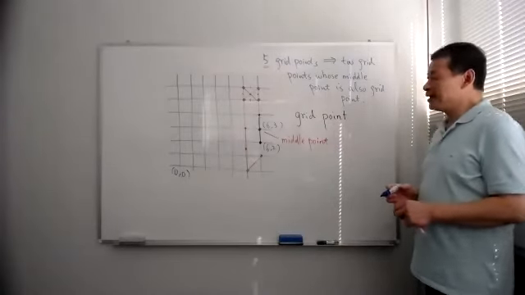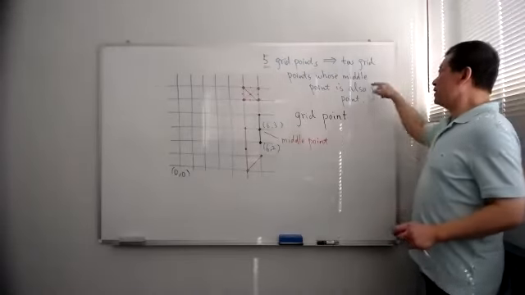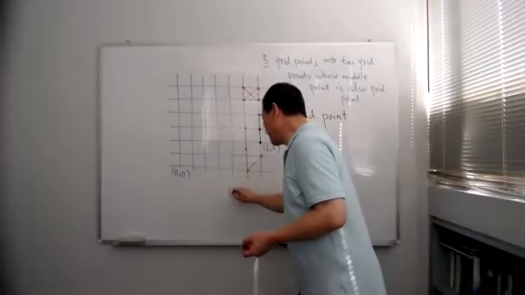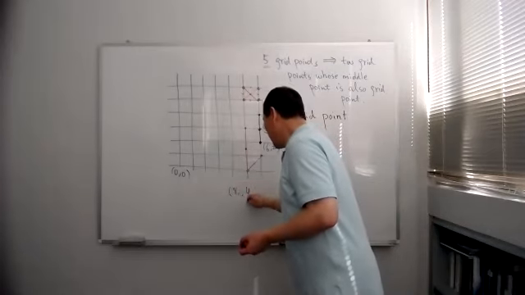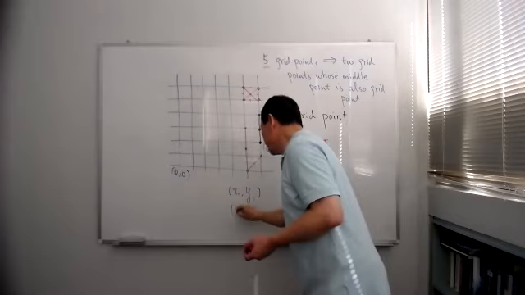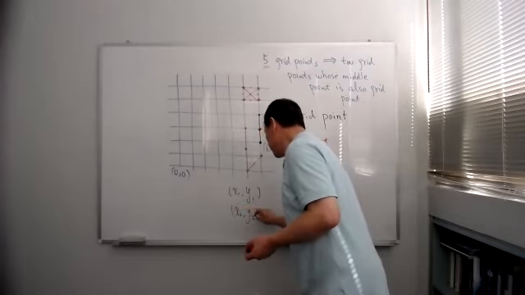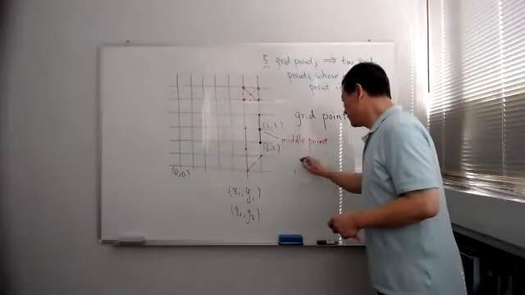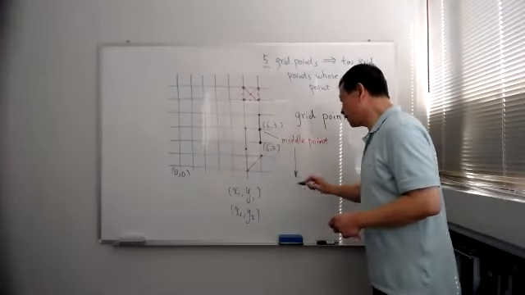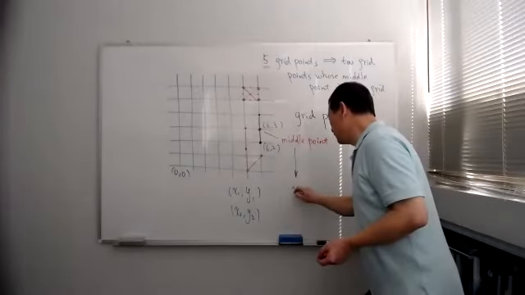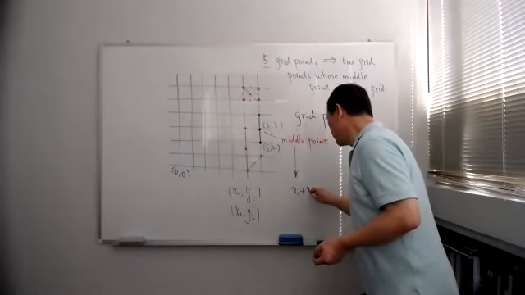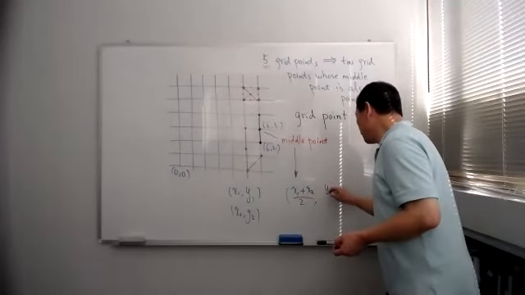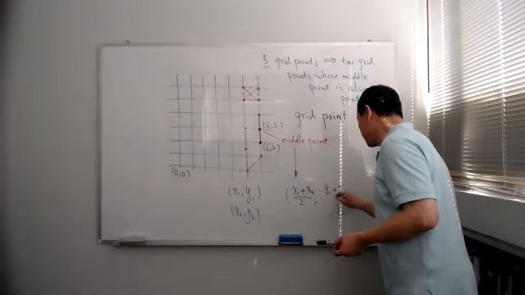Now, under what condition is the middle point also a grid point? Given 2 points with coordinates, say x1, y1 and x2, y2, what's the coordinate of their middle point? It's very easy. It's the average of x1 and x2, and here the average of y1 and y2.